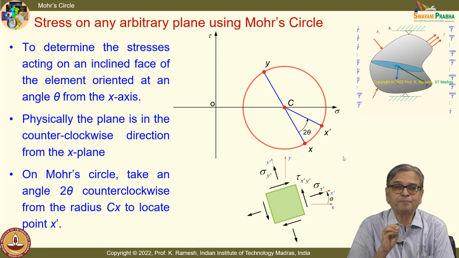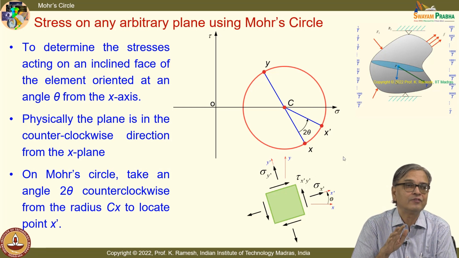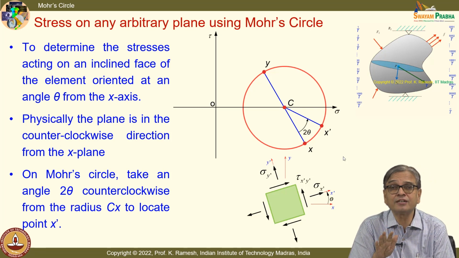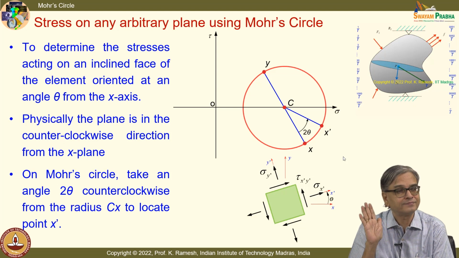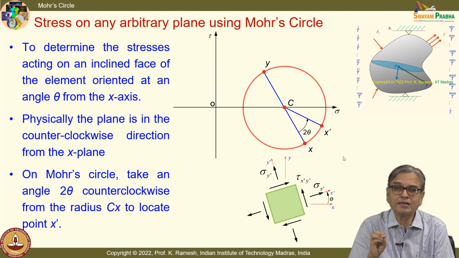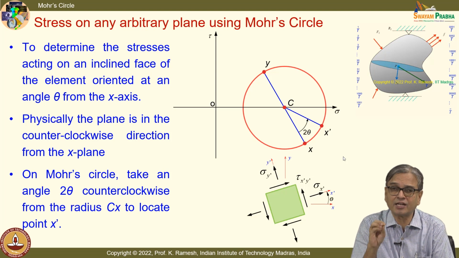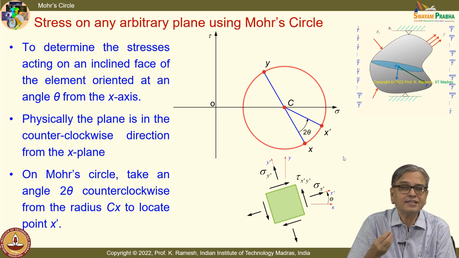Because I want to preserve how I move in the physical plane to the Mohr circle, we have a special convention on how to plot quantities on an x plane. If I plot positive shear downwards on x plane, it is easy for me to locate the planes from the physical plane to the Mohr circle in the same manner.